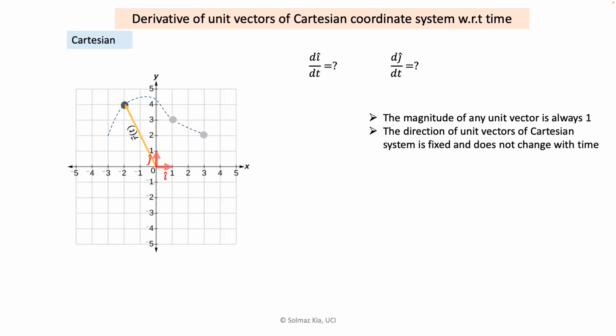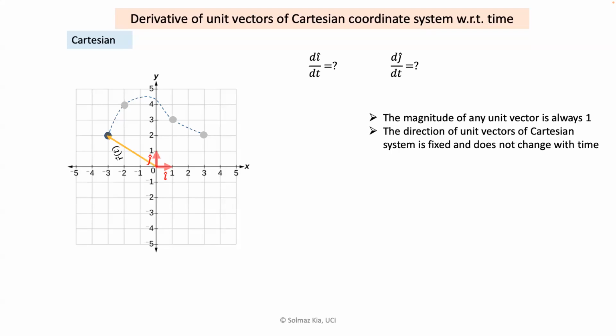The magnitude of any unit vector is always 1, so the magnitude is not changing with time. The direction of unit vectors of the Cartesian system is also fixed and does not change with time. So no matter where the particle is, the direction of i and j unit vectors are all fixed in time.